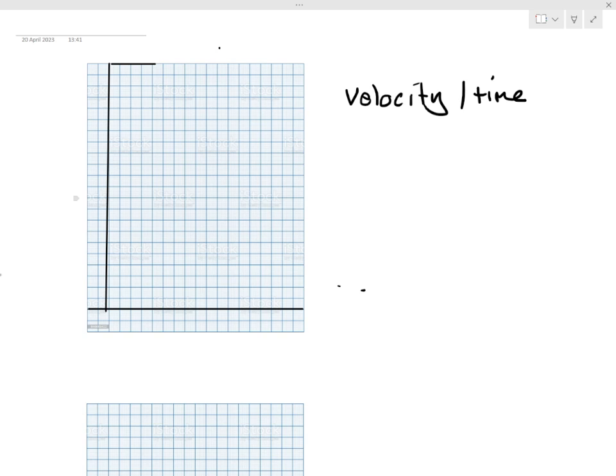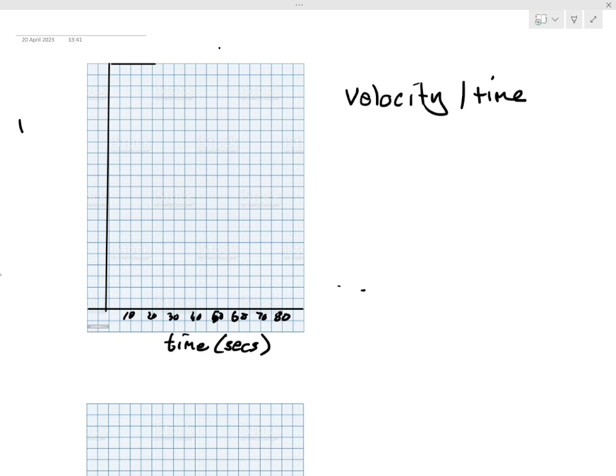We do 10, 20, 30, 40. We've got 6 of these graphs to look at for various aspects of what we need to do, and 80, and this is time, and we'll call it in seconds. It could be anything, meters, minutes, hours, anything.